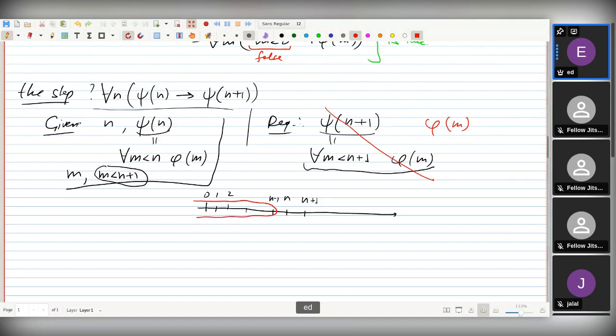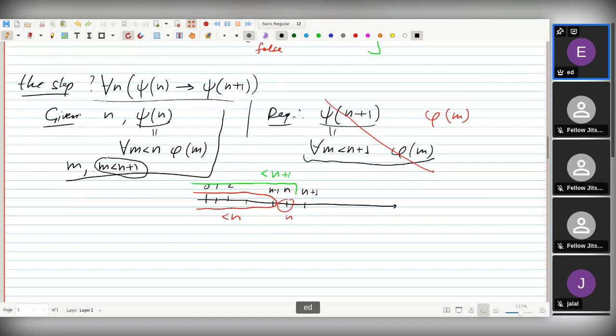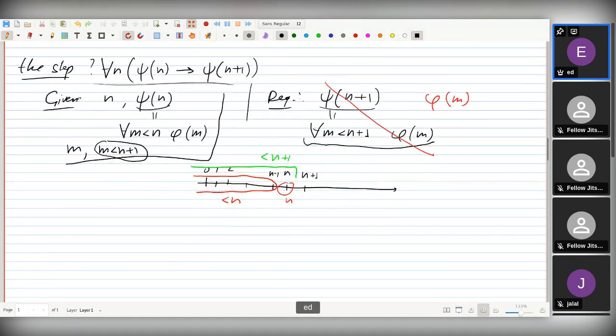These are all numbers which are less than n plus n itself. Is this idea clear? What is less than n plus 1? All the numbers which are less than n plus n itself. Do you agree? Yes.